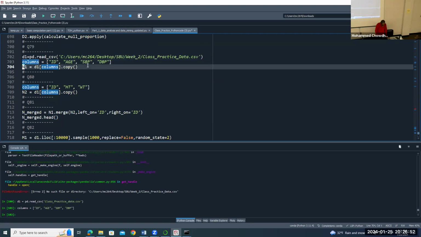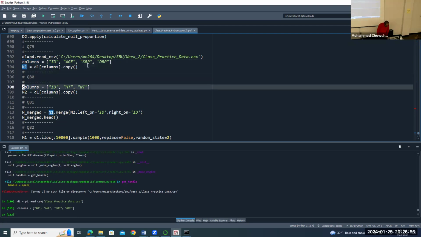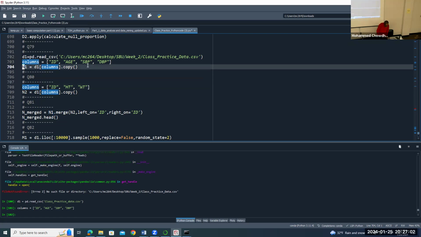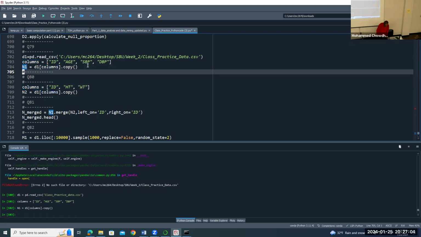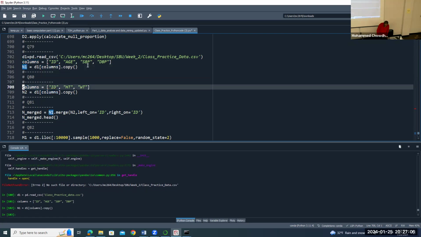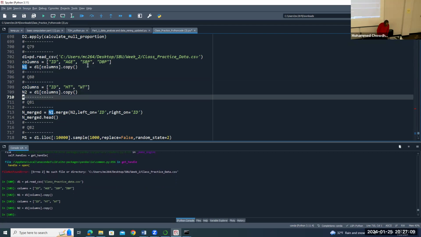These are the columns I want to select. After selecting this, and that is the other set of columns I selected. Then I want to run N1. And then another set of columns I have selected and run N2. Now N1 and N2, I want to merge.